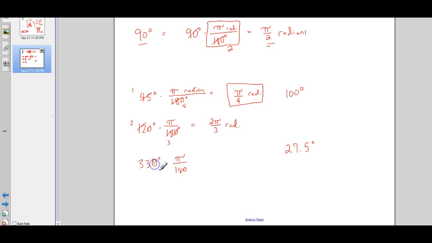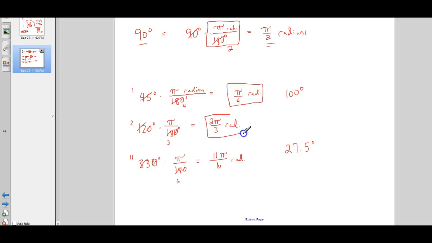Again, I'm going to reduce those. 3 will go into 33 11 times, 3 will go into 18 6 times, and I end up with 11 pi over 6 radians.